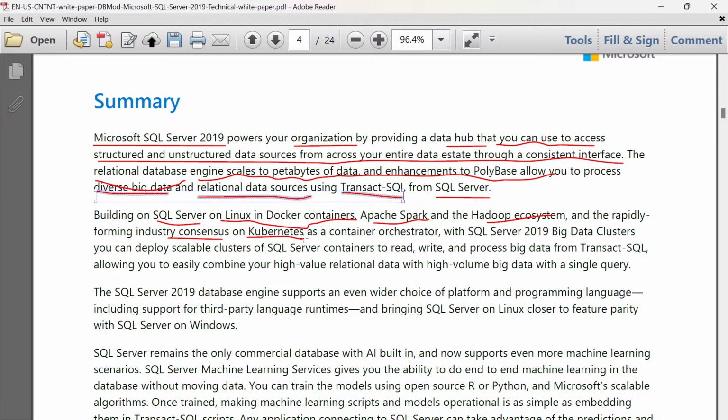You might have heard about Kubernetes, which acts as a container in the cloud.